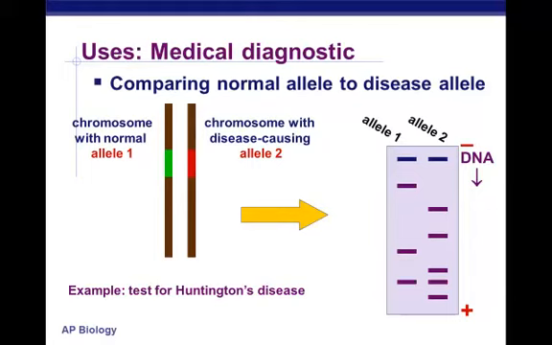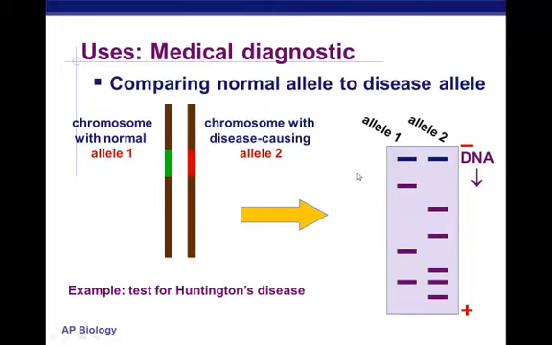Linus Pauling was the person who did that experiment and showed that there was actually a change in the protein molecule when it was run on a gel. Because these sequences are different, if you have a mutation, they're going to make different gel patterns.